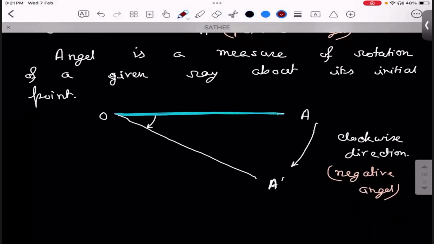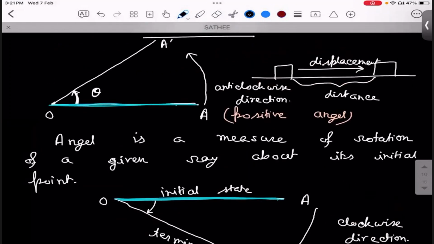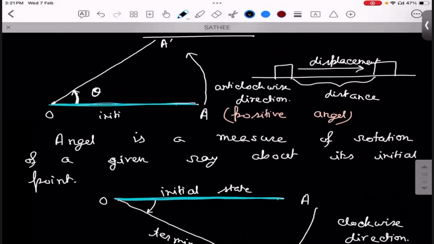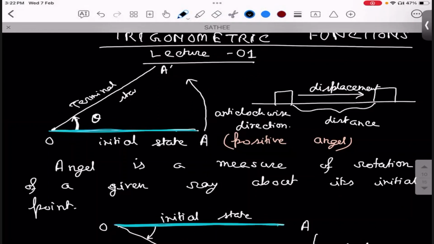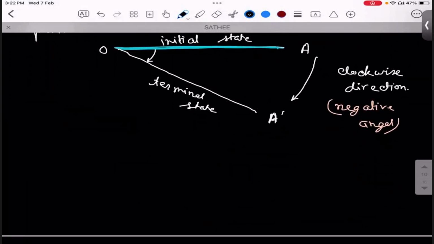This is called our initial side or initial ray, and this is our terminal side. Similarly here, initial side and terminal side. Okay. So now the question is, one can ask what about this?